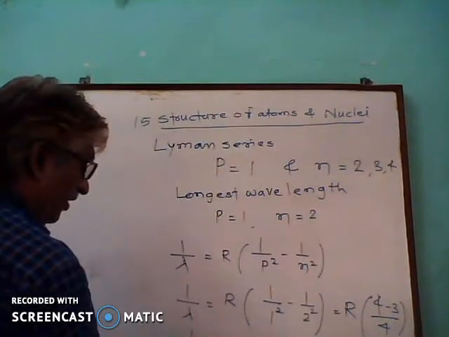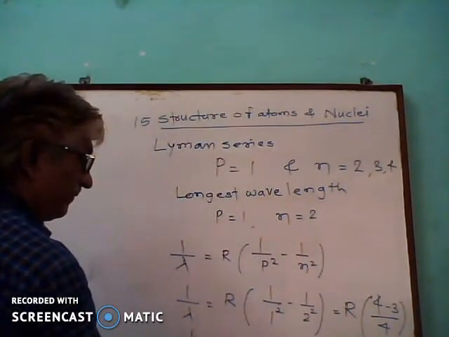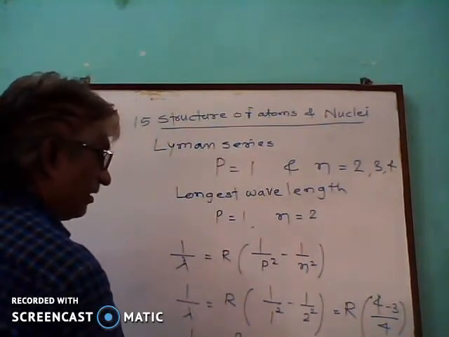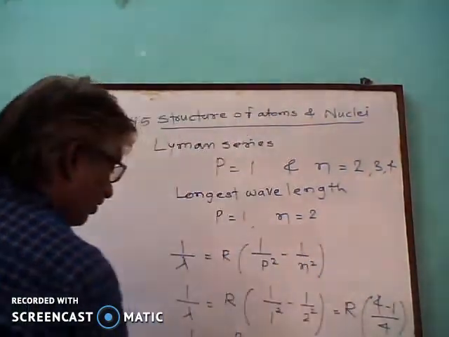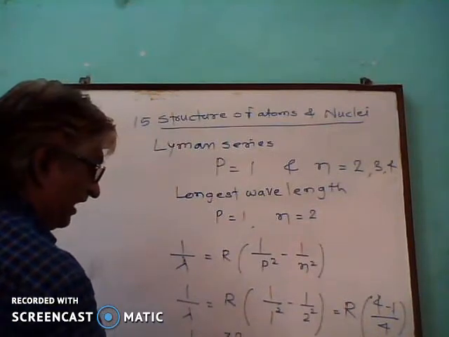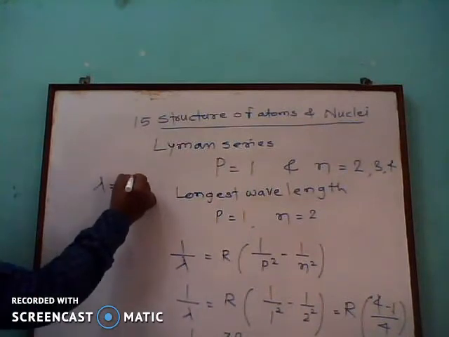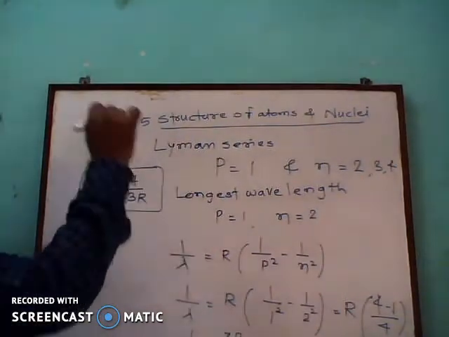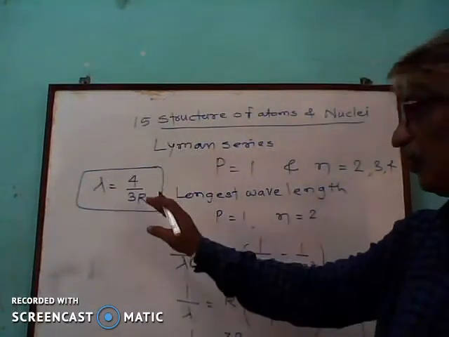So 1 upon lambda is equal to 3R upon 4, and therefore lambda is equal to 4 upon 3R. This can be remembered: lambda is equal to 4 upon 3R.